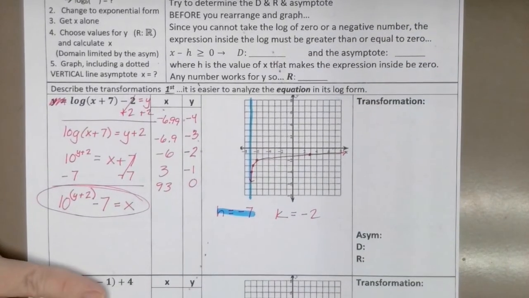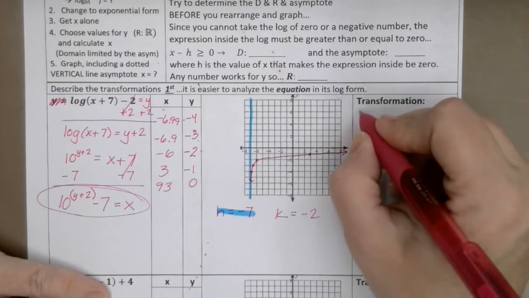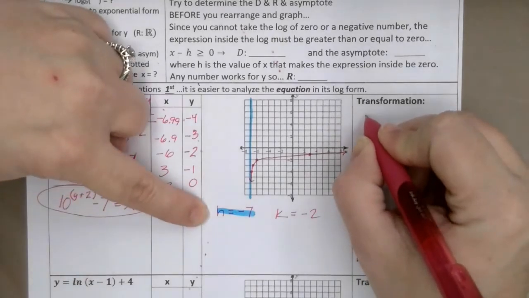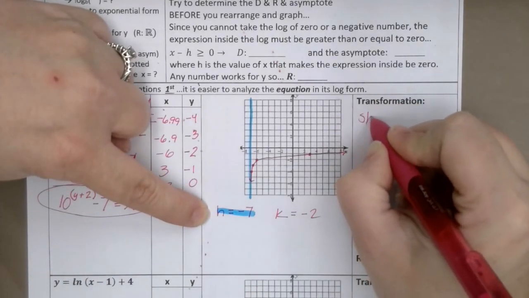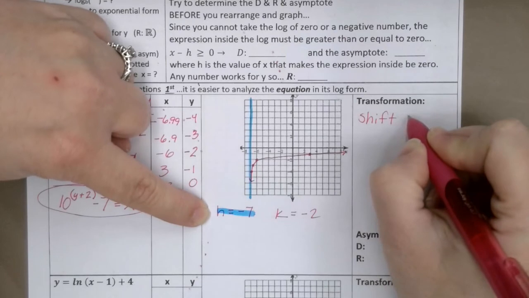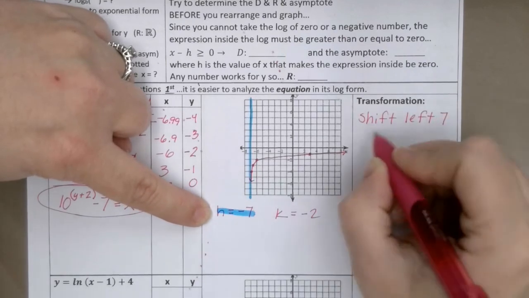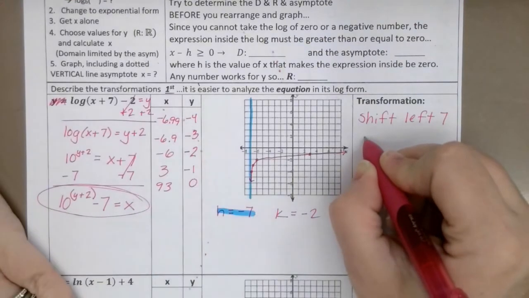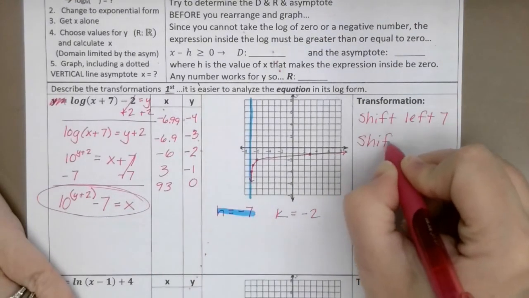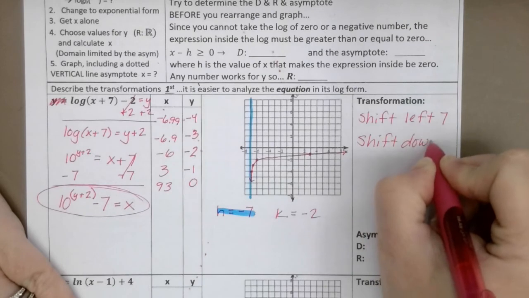Okay. Now what kind of transformation did we have going on here? Well, I had an h value of -7, so that's a shift, what direction? Left 7. And I have a k value of -2, so that's a shift down 2.